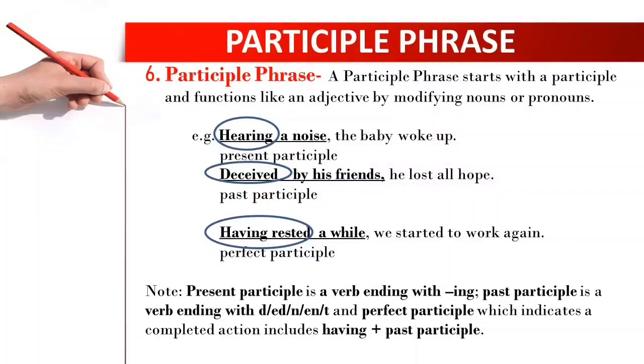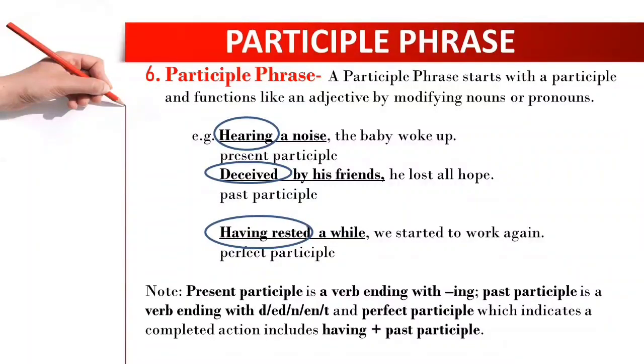Now, what is a participle phrase? A participle phrase starts with a participle and functions like an adjective by modifying nouns or pronouns. For example, hearing a noise, the baby woke up. Here, hearing a noise is a participle phrase which consists of the present participle hearing.